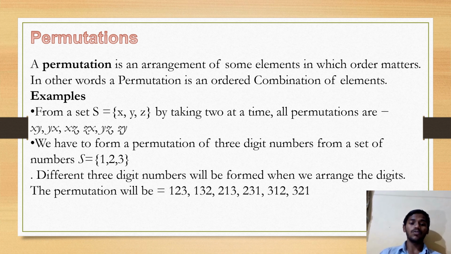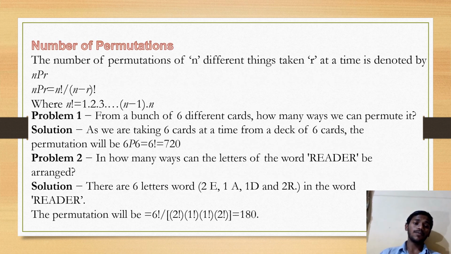We have to form permutations of 3-digit numbers from the set of numbers 1, 2, 3. Different 3-digit numbers will be formed when we arrange the digits. The permutations will be 123, 132, 213, 231, 312, 321.